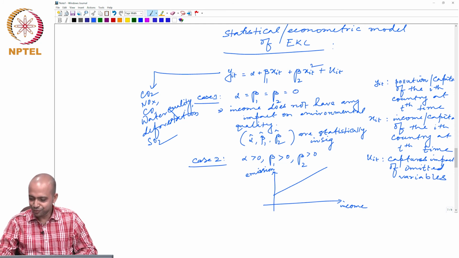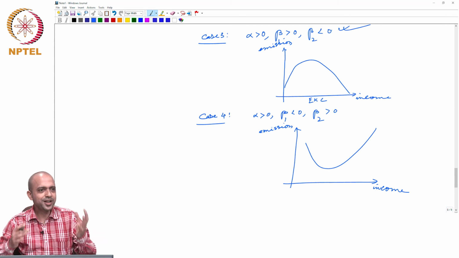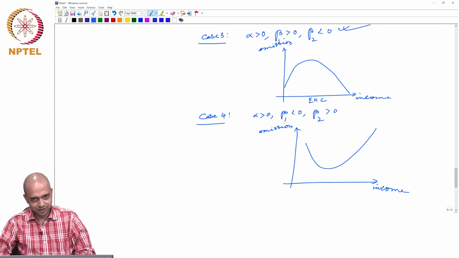So, we see from here that if and only if case 3 is the case for EKC, and the other 4 cases are not supported by the EKC hypothesis. So, depending on which particular case will emerge, we have to either reject or not reject our hypothesis. Okay? We can establish our claim depending on which particular case we are getting.